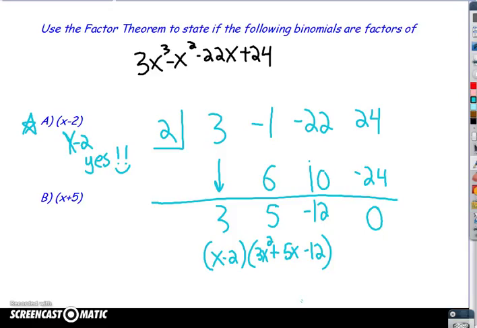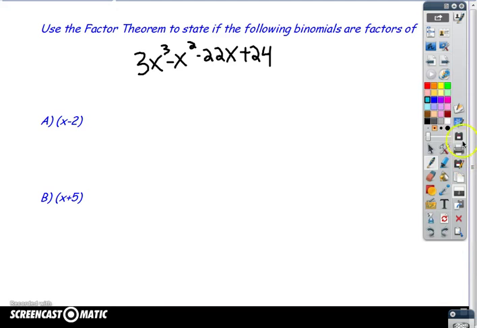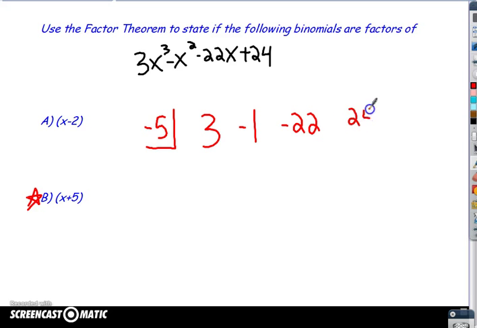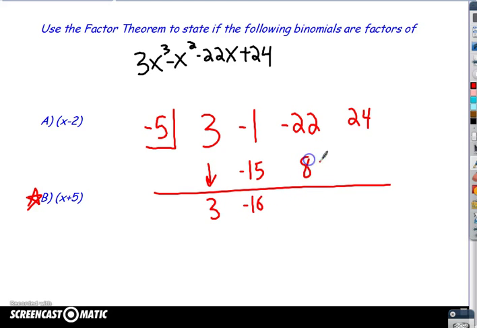Now, let's say I tried the next one first. Let's say I tried x plus 5. The number that goes in my box is negative 5. Then 3, negative 1, negative 22, 24. Drop the first number down. Multiply. Add them. Multiply them.